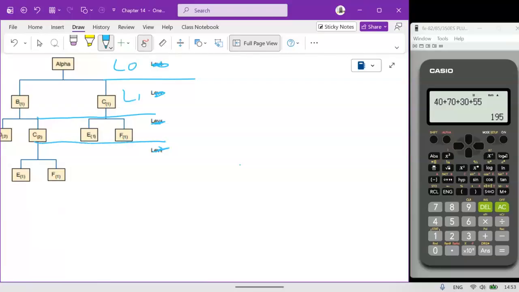Then you make a solid line. Then you have level 2. Then you make a solid line there. Then you have level 3. But if you look at this one, see here, it is also represented on the lower level. That's why they say low-level coding.